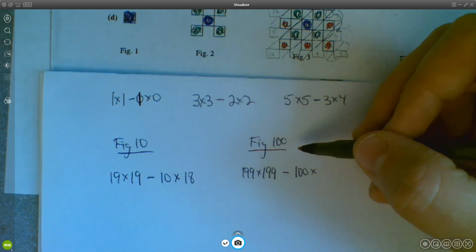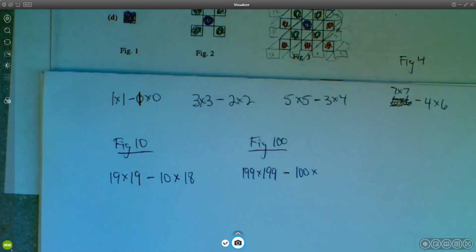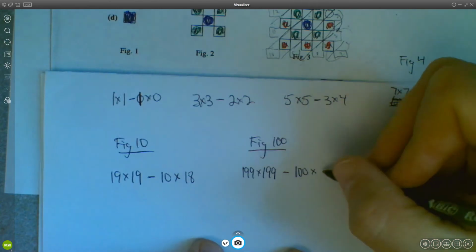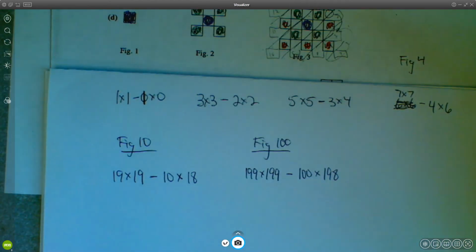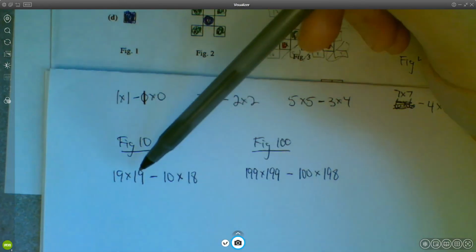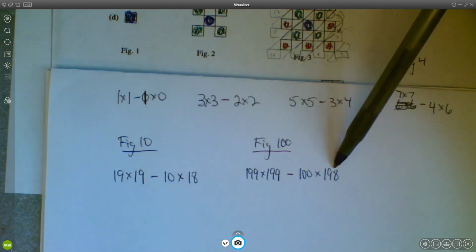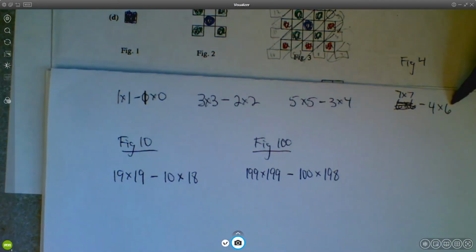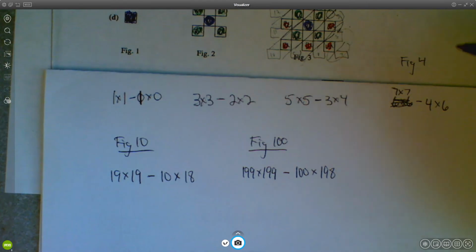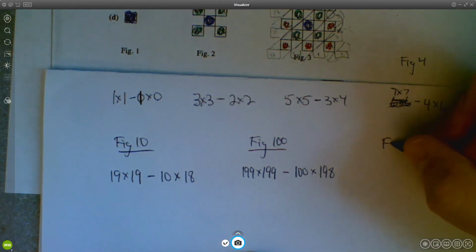So 100 minus 1 is 99, and 99 times 2 is 198. That's interesting. Oh, notice, so another way to get the pattern, notice that this number is 1 less than that number. This number is 1 less than that number. This number is 1 less than that number. Okay, so that's maybe an easier way to think about it. Let's see if we can get figure n then. What figure n?